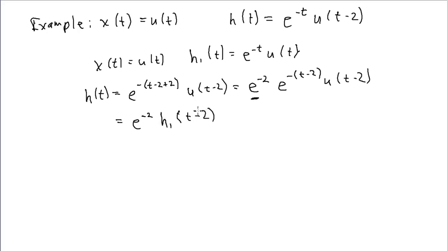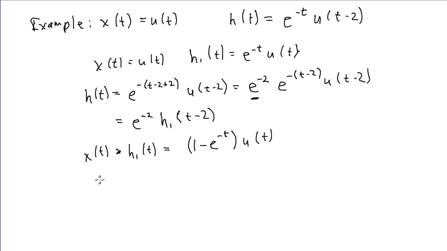Okay. And so I know the result from my convolution table. I know x of t convolved with h1 of t is 1 minus e to the minus t, u of t.